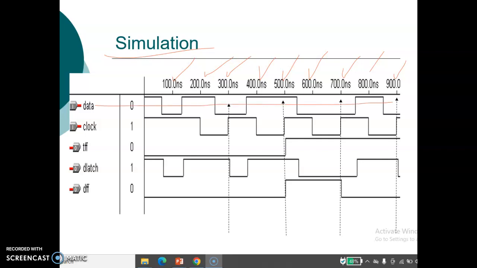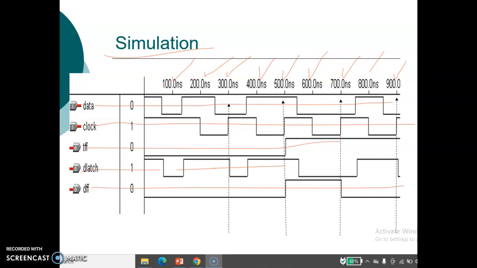This one data. Then clock, T flip-flop, D latch. Then D flip-flop. Here 0 will start, here 1 will start. Here this TFF 0 will start, clock 1 will start, data 0 will start.